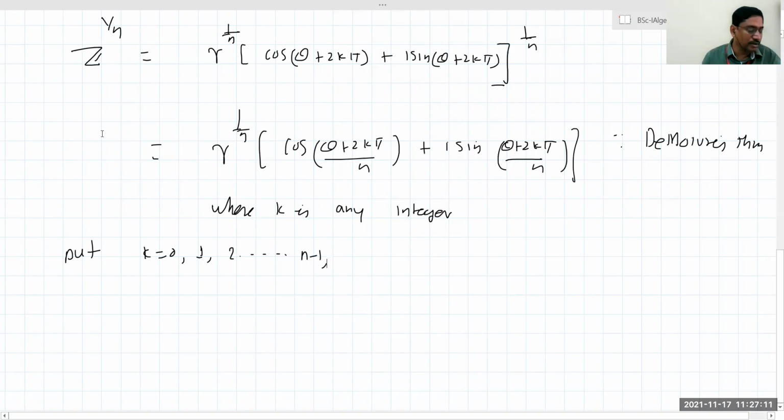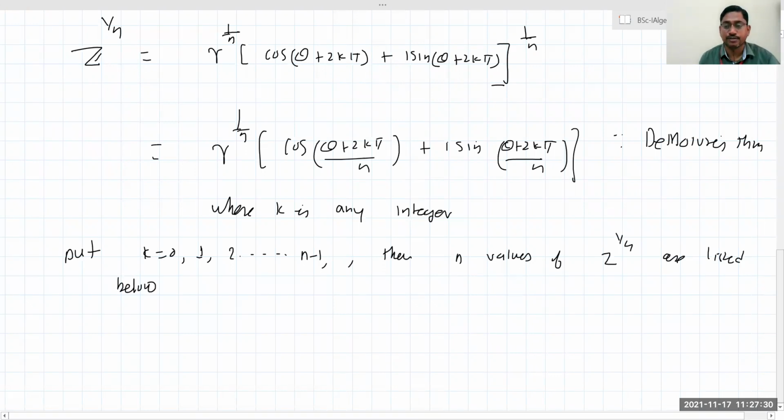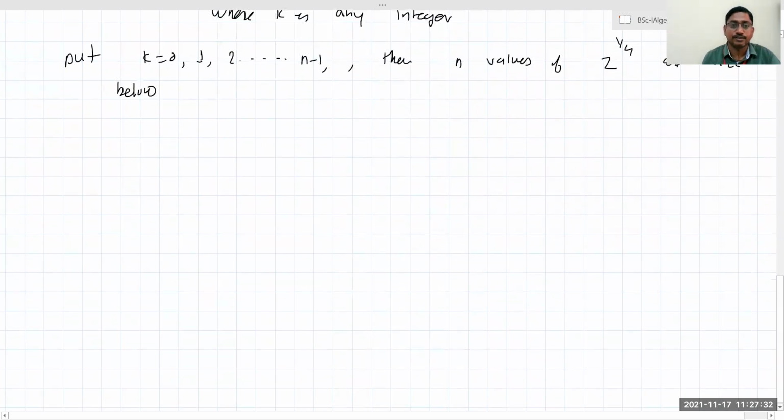Up to n minus 1, this gives n values of z raised to 1 upon n, which are listed below, and which are distinct, as we can see.